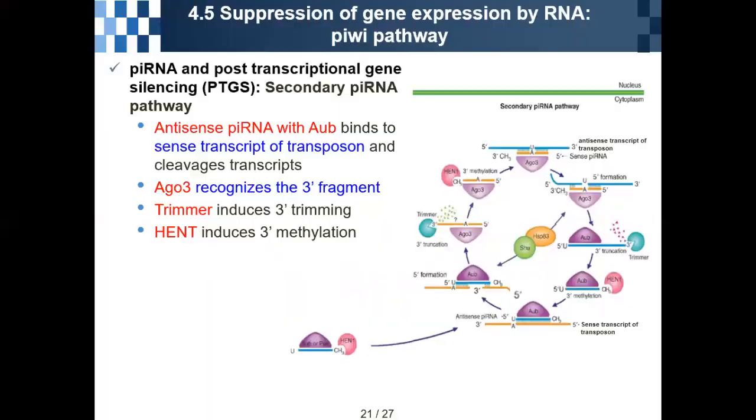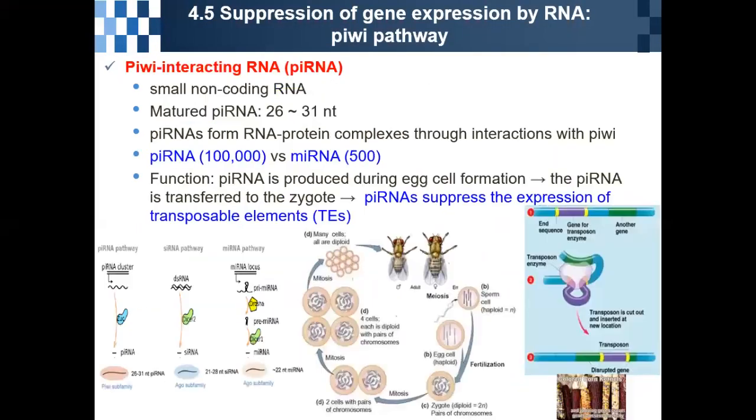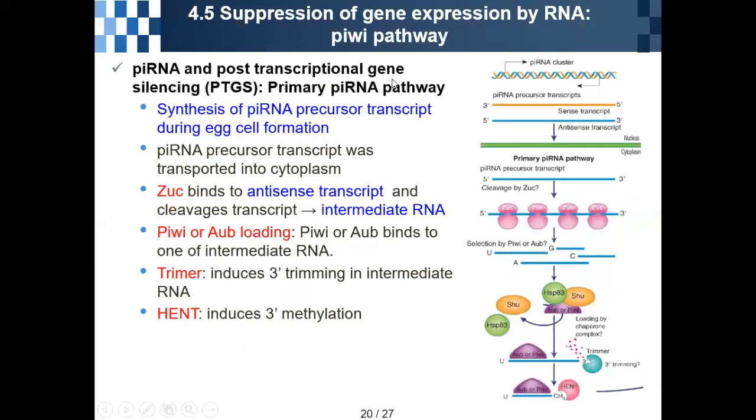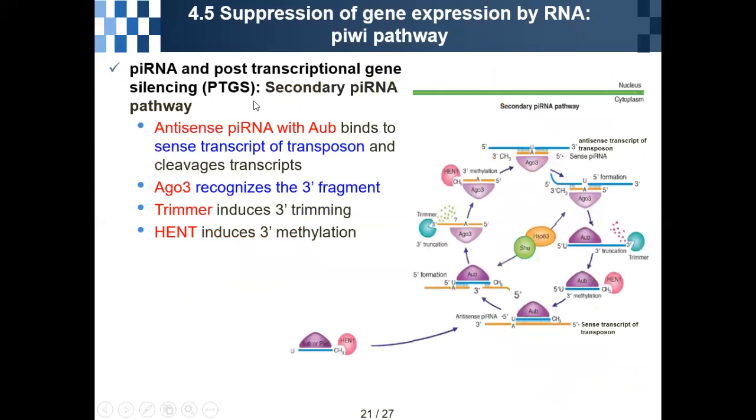For example, this is a primary piRNA pathway, and the procedure is like this. Finally, HEN1 will make the methylation at the end. And this one will bind to the sense transcript of the transposon.